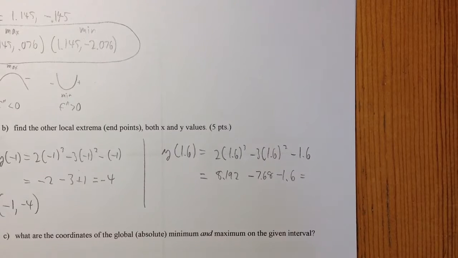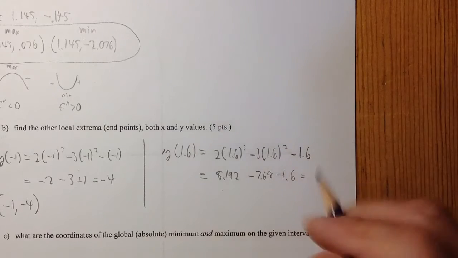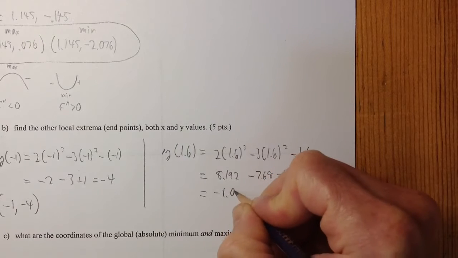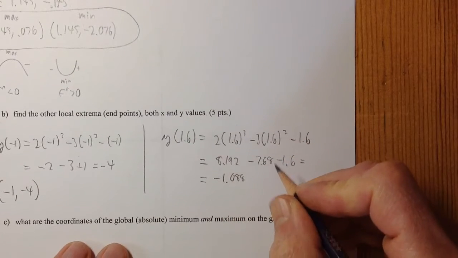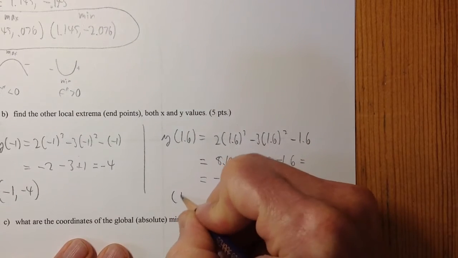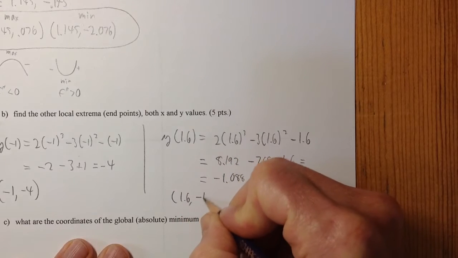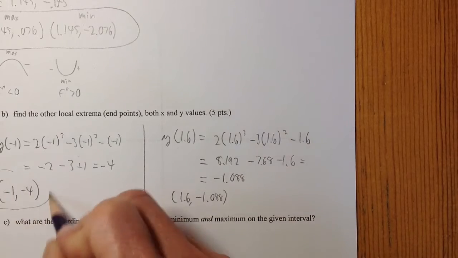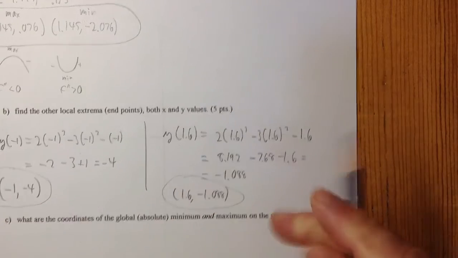Minus 1.6 plus 8.192. I get negative 1.088. So our other endpoint is 1.6 comma negative 1.088. And I'm going to circle those so I can find them easier.